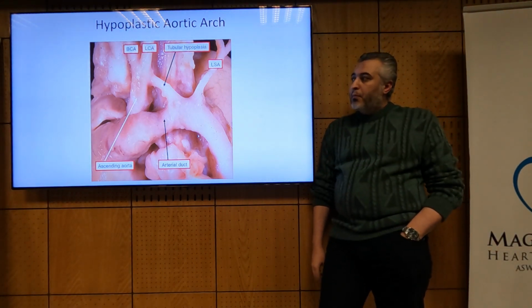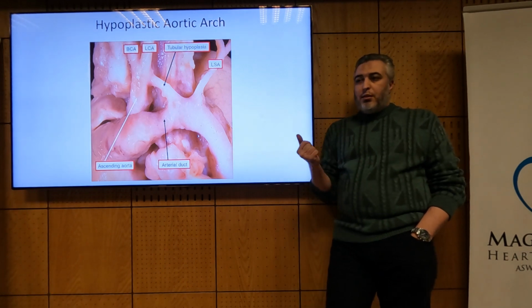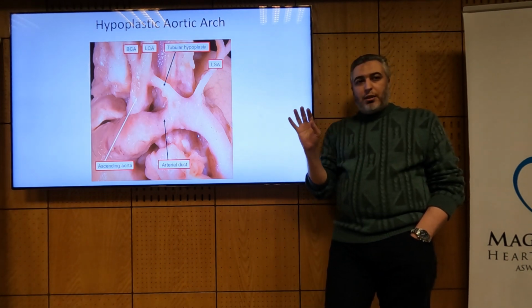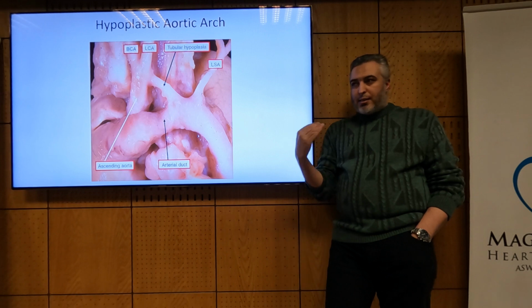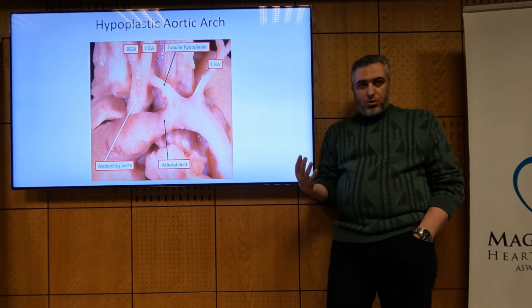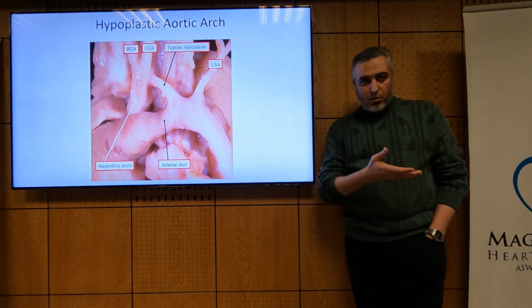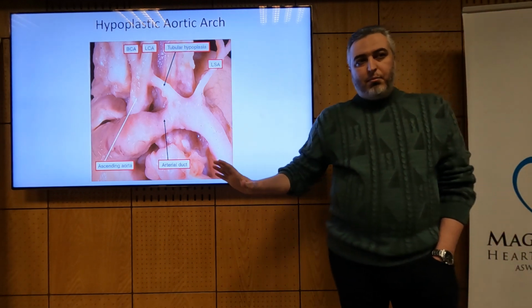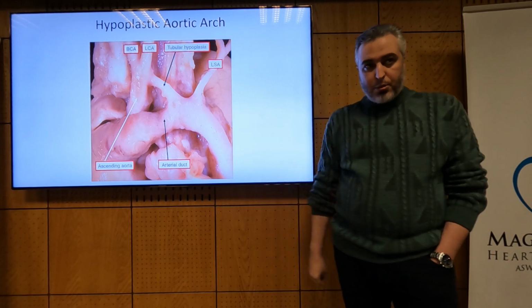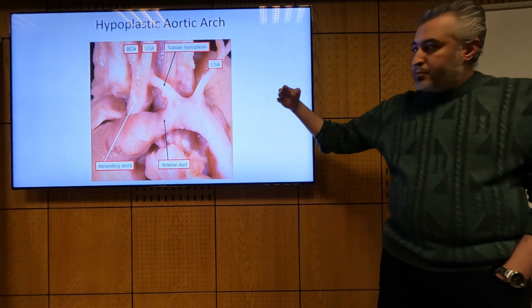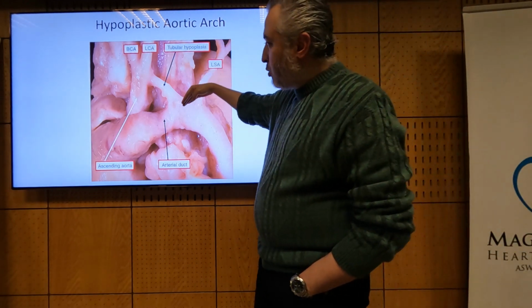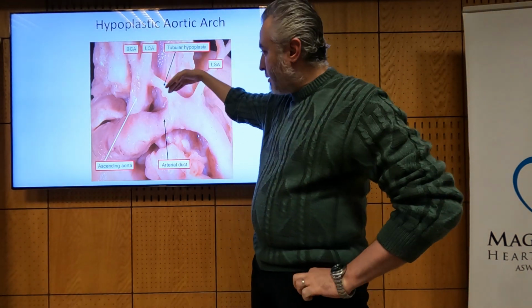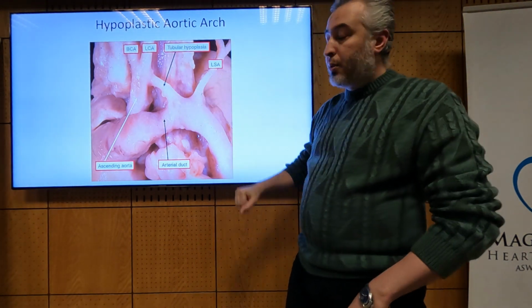One easy definition is if part of the arch has a z-score of less than -2. So you have z-scores, and if part of the arch is less than minus 2, then this is the hypoplastic part. And now we're talking about arch proximal to the subclavian artery, because distal to that is isthmus. Okay.